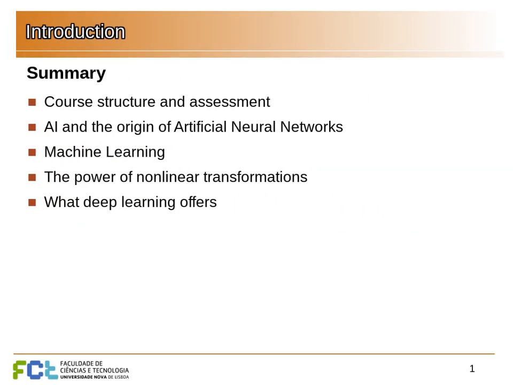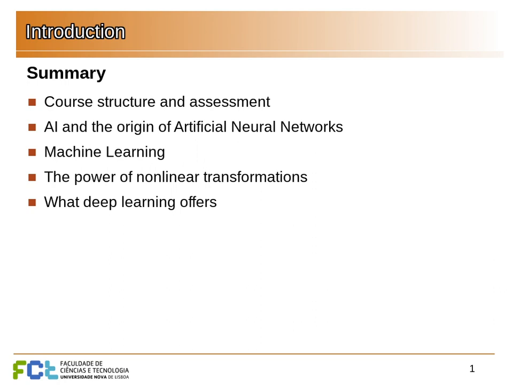So in this first hour, I'm going to give just a brief overview of the course, how it's structured, and how we're going to do the evaluation, the assessment. And then I'm going to talk about artificial intelligence in general and the origin of artificial neural networks, because this first part of the course will be focused on deep learning with artificial neural networks.